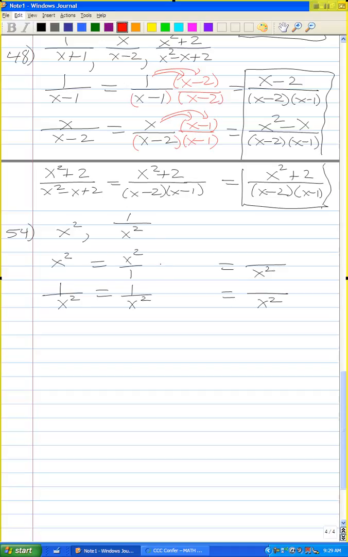So I have to multiply and divide by x squared, by 1. So I get x to the 4th and 1. And I found equivalent fractions with the same least common denominator. Let me do problem number 56.